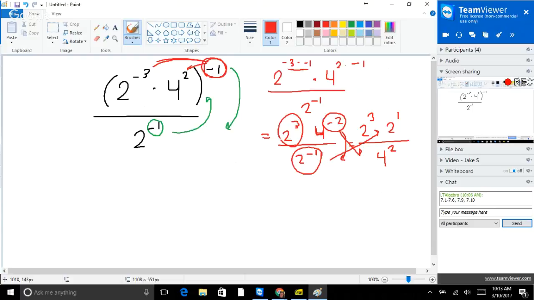So that way I've gotten rid of all of my negative exponents, right? Now I can simplify it a little bit. So 2 to the 3rd times 2 to the 1st is 2 to the 4th, over 4 squared. If I use my calculator, 2 to the 4th is 16, and 4 squared is 16. So I did this by using my calculator, and I get equals 1.